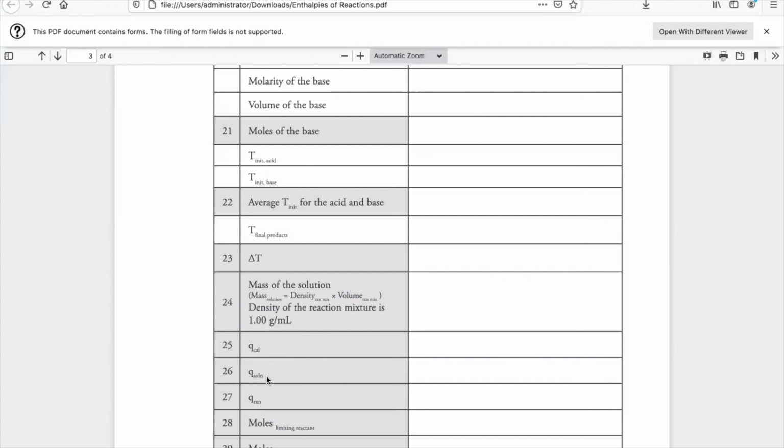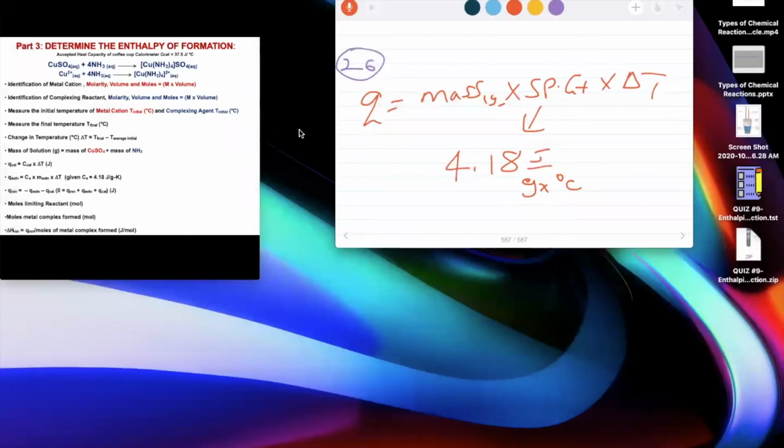Q is given by the mass in grams times the specific heat times change in temperature. You already know change in temperature. We were told to assume that it is 4.18 joules per gram times degree Celsius. This is what I was doing on line 26, Q for the solution.